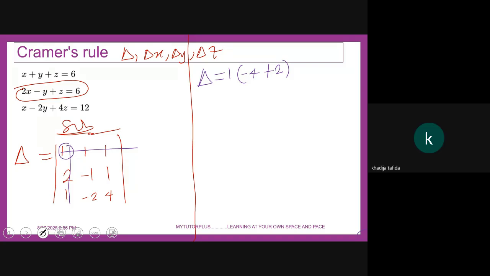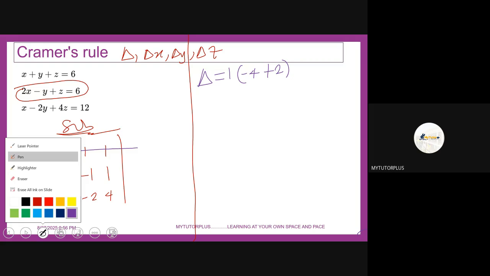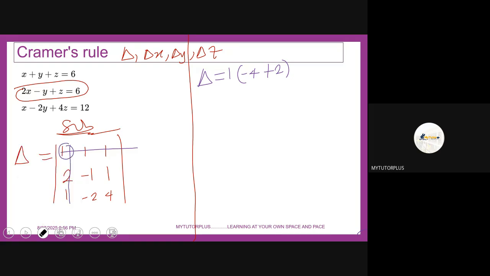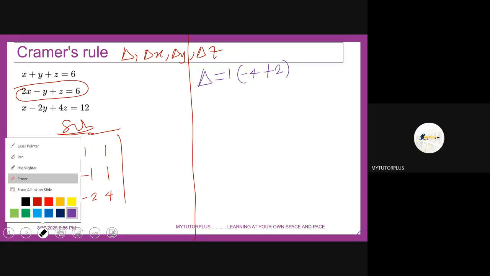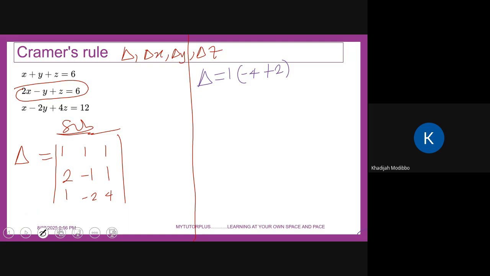Then let's move on to the next one. Go to the center one now. You don't need to simplify this? No, we'll simplify as we are moving on. Okay, then let's look at the center number. I'm dealing with 1, right?